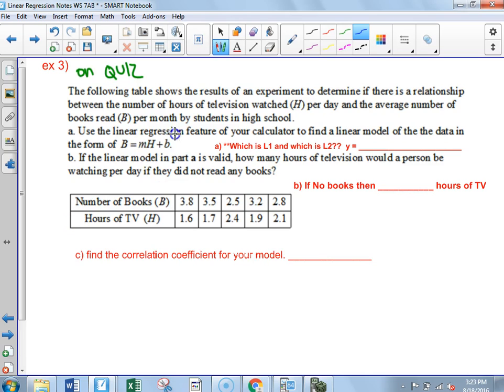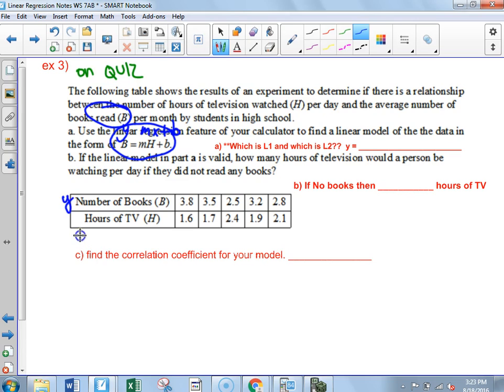What's tricky is here, guys. Read what right there. What's Y? Yes, good catch. This is Y equals MX plus B, yes? So they want the Y to be the books. This is our Y value. Would most of you have put that in list 1 because it's on top?